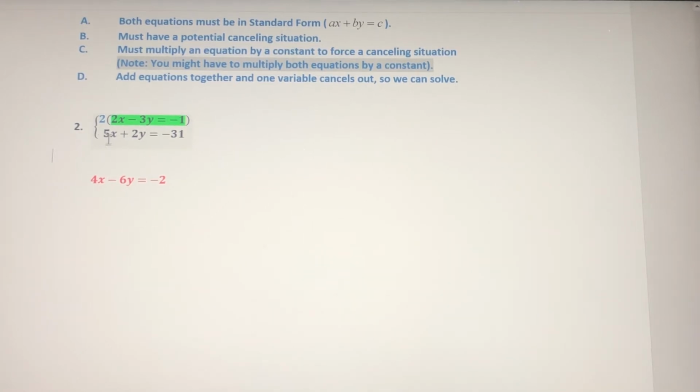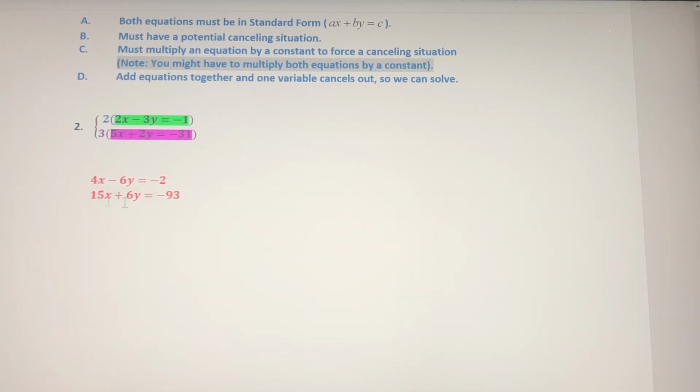So if I multiply this equation by 3, then when I distribute the 3, I get 15x plus 6y equals negative 93. You can see now that I've forced the canceling situation. My y's are going to cancel out when I do the last step here, add the equations together so that one variable cancels out.